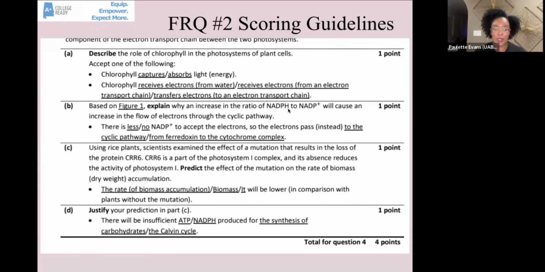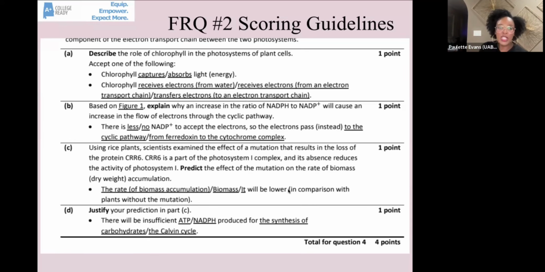The acceptable answer here is the rate of biomass accumulation will be lower in comparison with plants without the mutation. So a decrease in biomass. As you don't have one of your photosystems functional, you're never going to be able to build biomass, which happens in the light independent reactions, which is building your sugar. Your sugar is the primary kind of biomass of the plant itself.